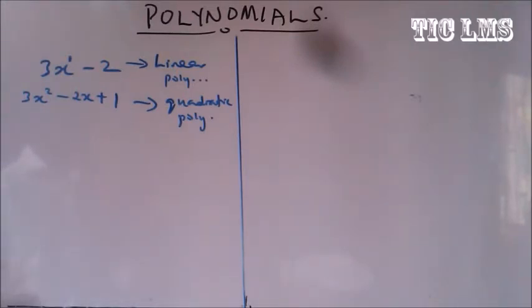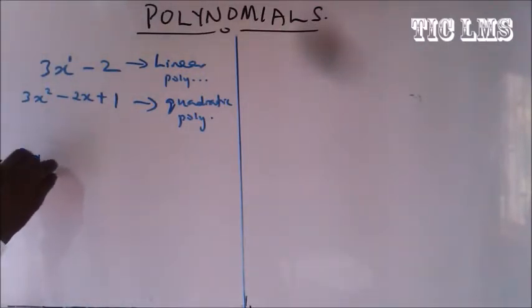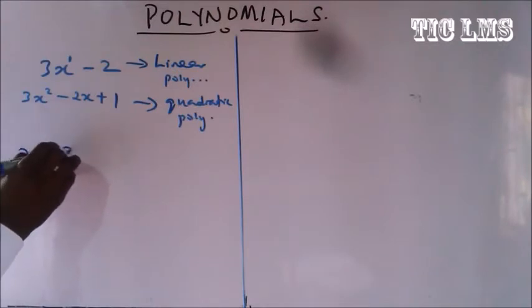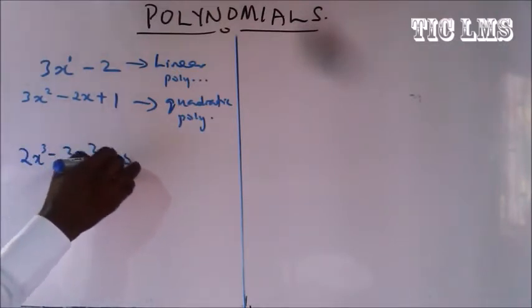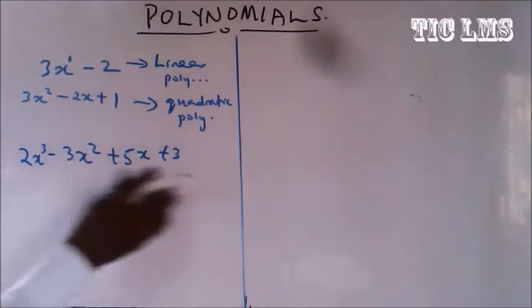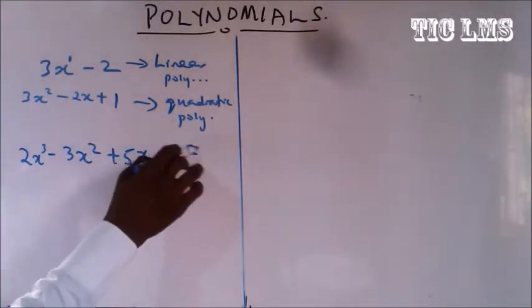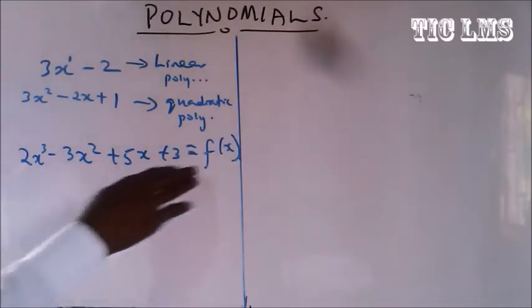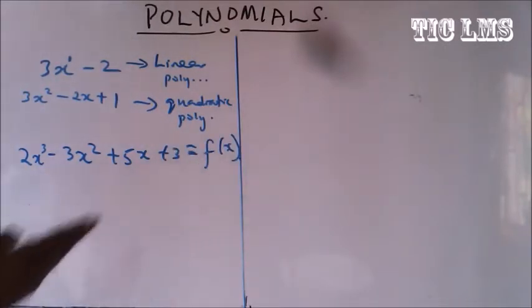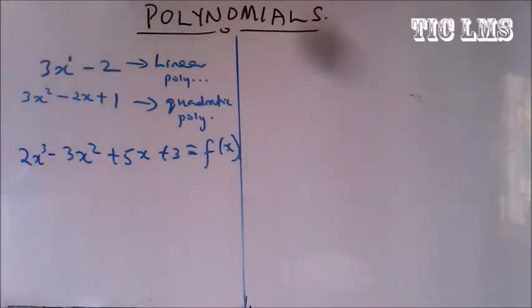Now a function whose values are given by a polynomial is known as a polynomial function, and we'll see that with this. Now if you have an expression such as 2x raised by 3 minus 3x squared plus 5x plus 3, this is a polynomial expression which we could equate to f(x). Now with this f(x) here, we have a polynomial function.